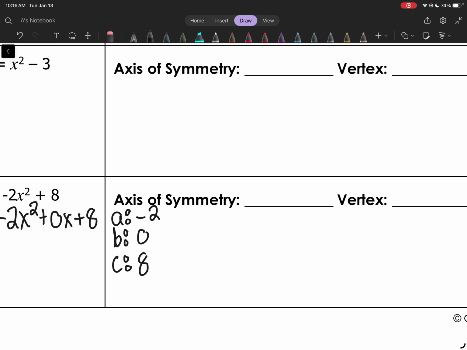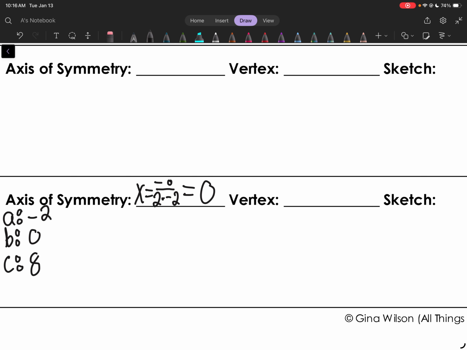My axis of symmetry is going to be x equals -0 over 2 times -2. This is just 0. For my vertex, y is equal to -2 times 0 squared plus 8. That is just 8.